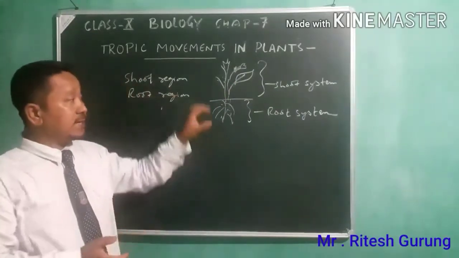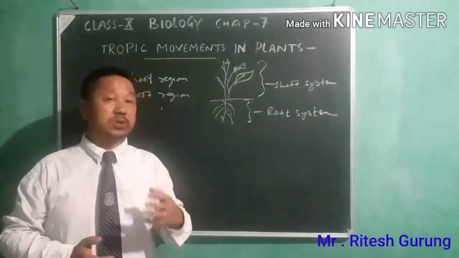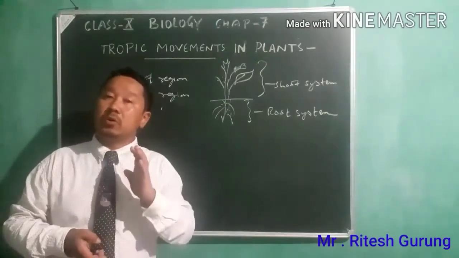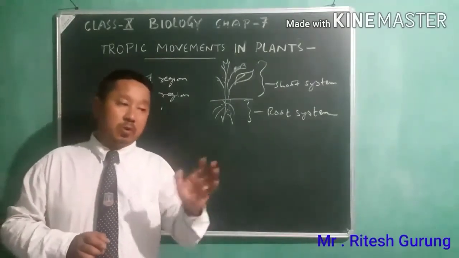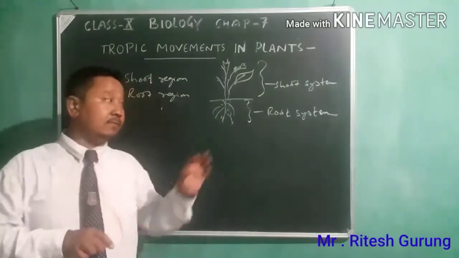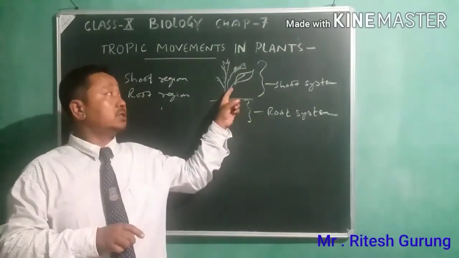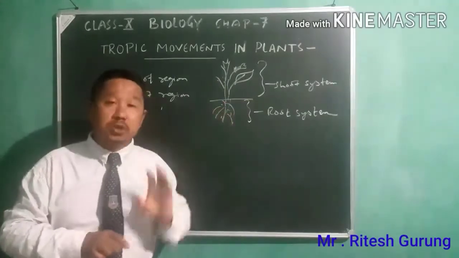In the meantime the root system must grow or move towards the soil, or the place where water is there, where minerals are there. And it can also support the plant, so that the plant can fix itself to the soil.